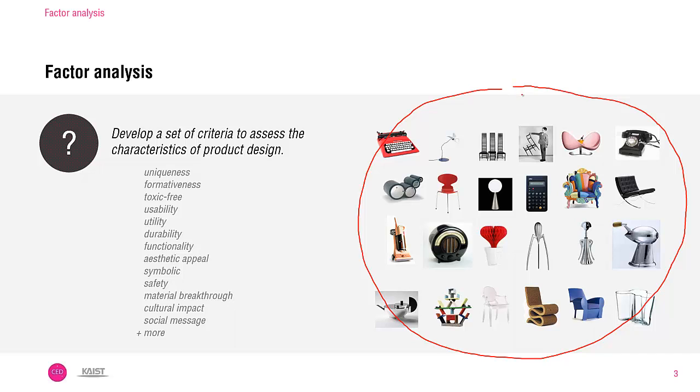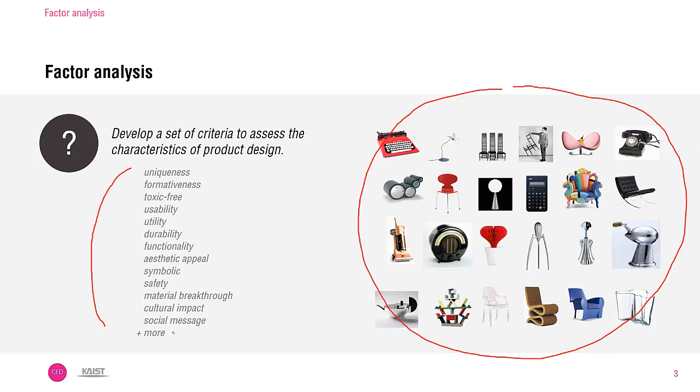design. You can brainstorm or look up some related literature to collect terms which might be useful to describe the characteristics. Then, perhaps among this pool of terms, some are actually describing very similar aspects.